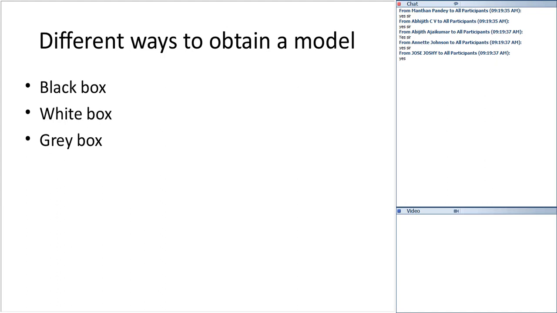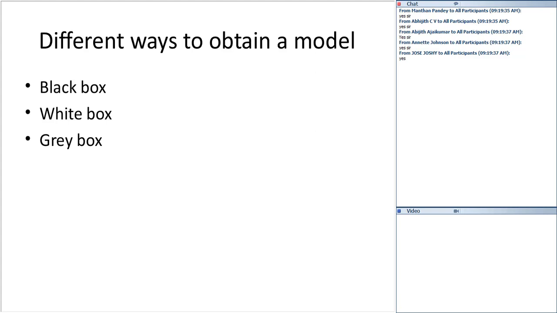You apply an input to the system, you get an output from the system. From this input-output data, you try to obtain a model of the system. You may do it for various inputs and various outputs, you will get the data, and from this data you will be able to obtain the model of the system.